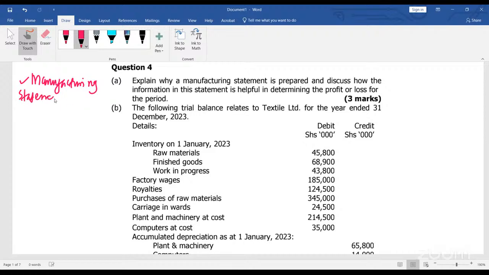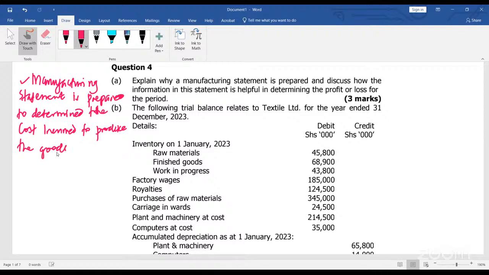Manufacturing statement. Or your manufacturing account is prepared to determine the cost incurred to produce the goods during a specific period.